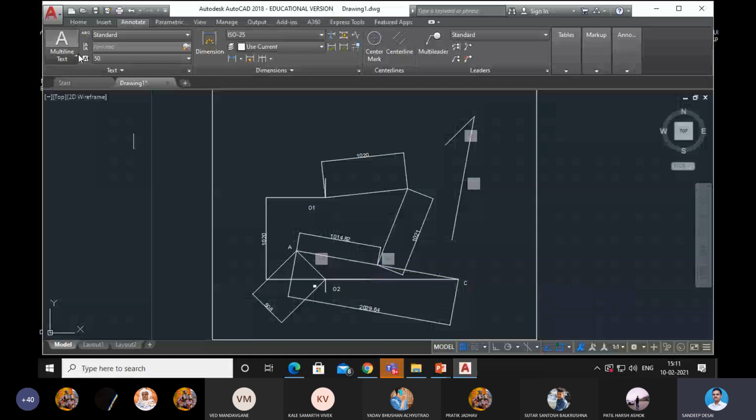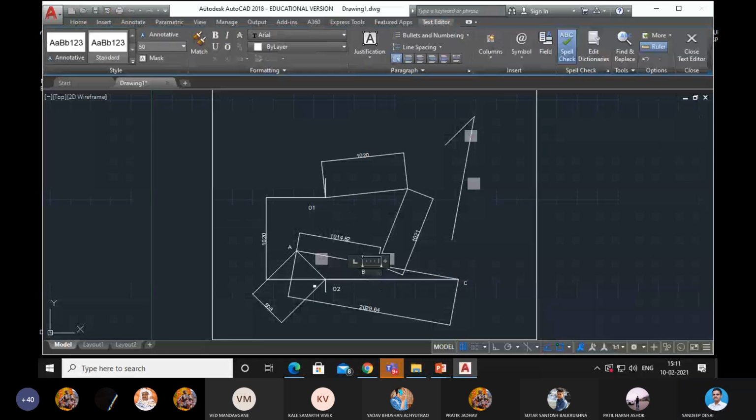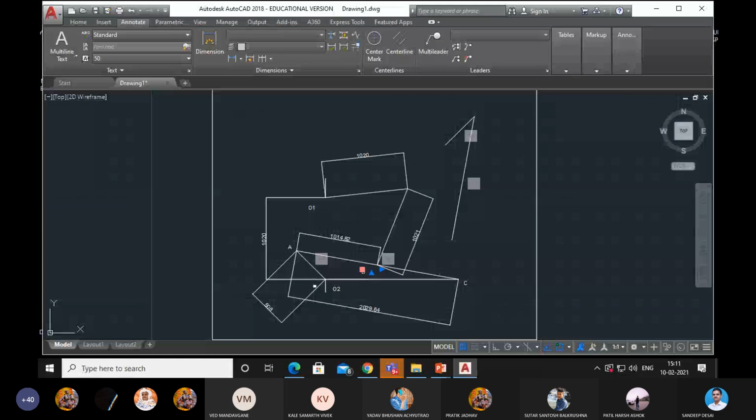This is C. This one is B. This is D. Is it clear now?